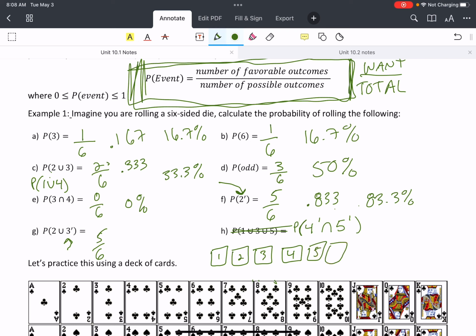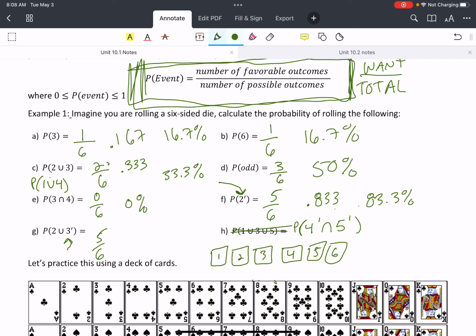So this one is different because it's the and symbol. So it needs to be both of those things, okay? So I want the number I roll to be not a 4 and not a 5 at the same time. Does that make sense?